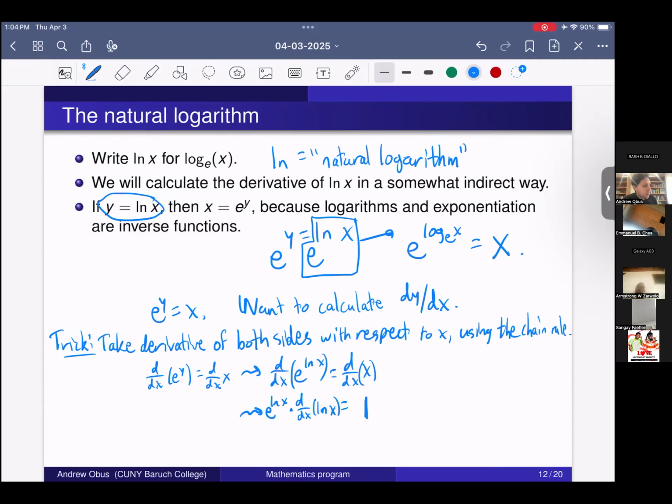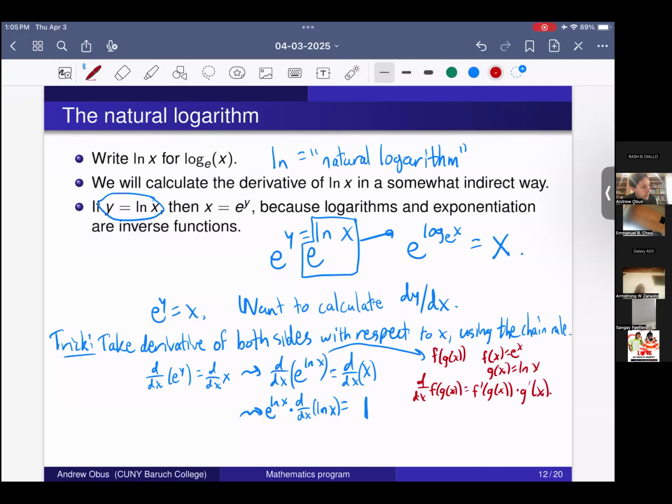Now remember what this is. Maybe I'll write it in red. This is f of g of x, where f of x equals e to the x, and g of x equals ln of x. So d dx of f of g of x by the chain rule is f prime of g of x times g prime of x, right?